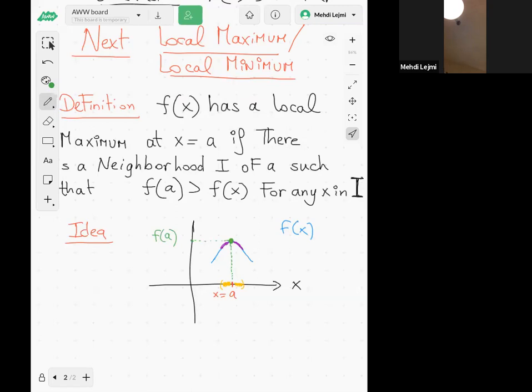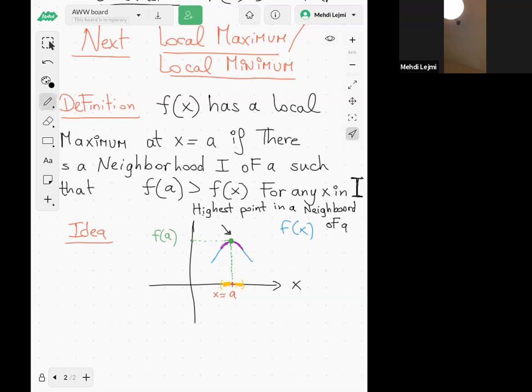So this is the highest point in the neighborhood of a.